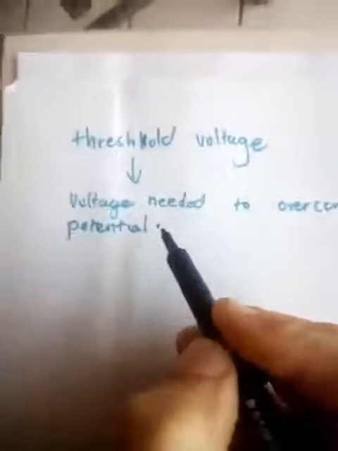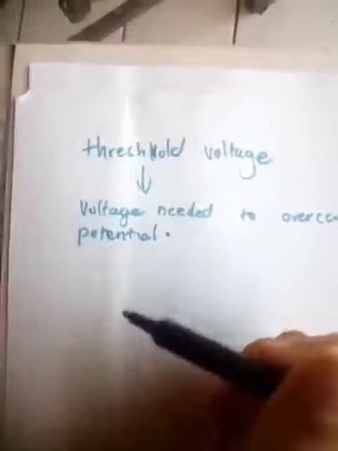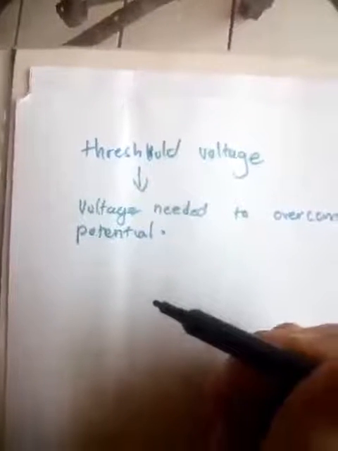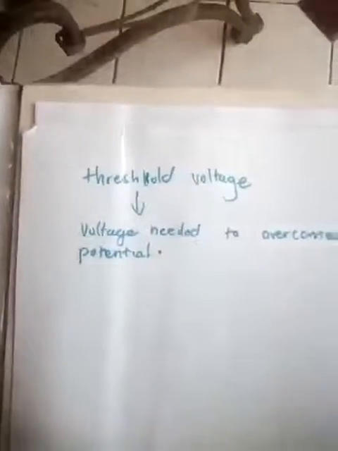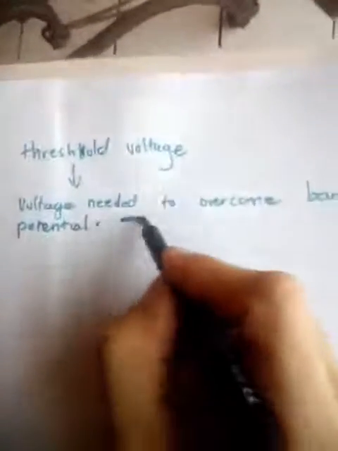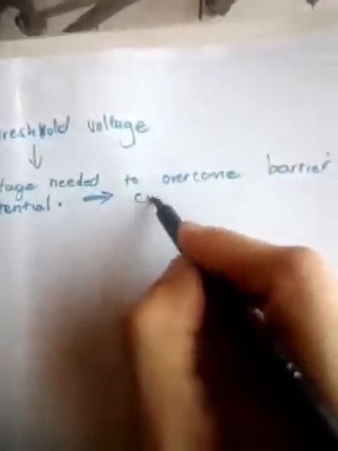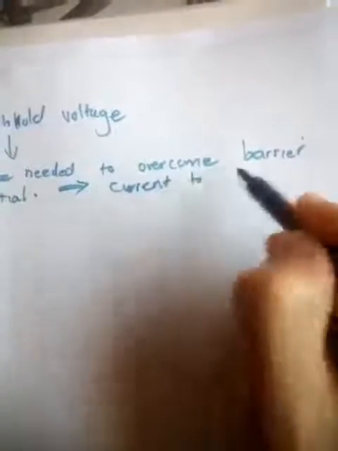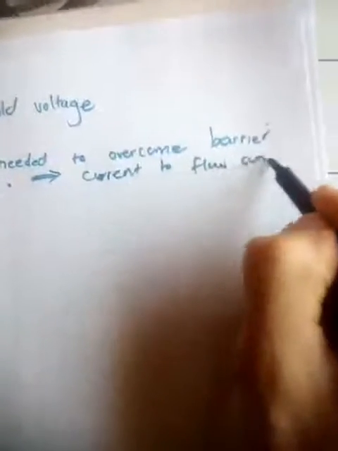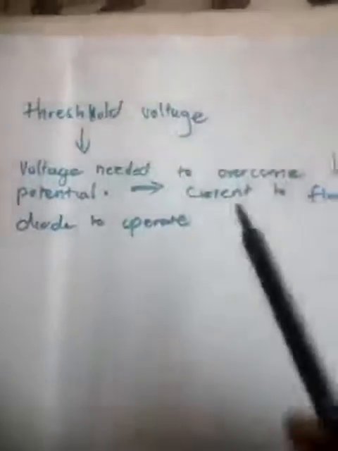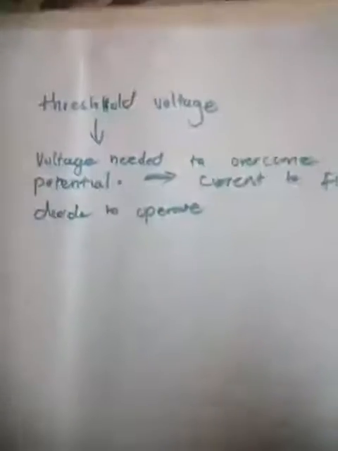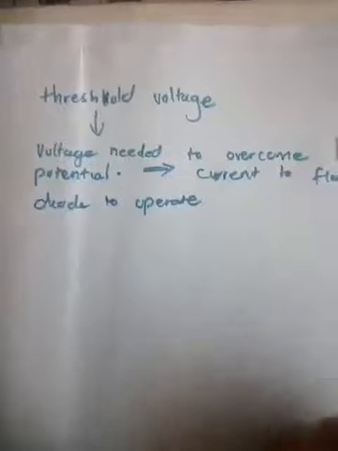Okay, and that basically means for the current to start to flow, and for the diode to work, the diode to operate. Alright, so that stuff you know from N1, I assume. Yes, everybody must know that from N1.